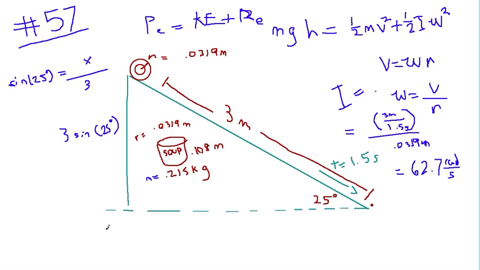Then, what we want is I. So we can say mgh is equal to 1/2 mv squared plus 1/2 I omega squared. With m, g, and h, m is 0.215 kilograms times 9.8 meters per second squared, and 3 times sine of 25 degrees.